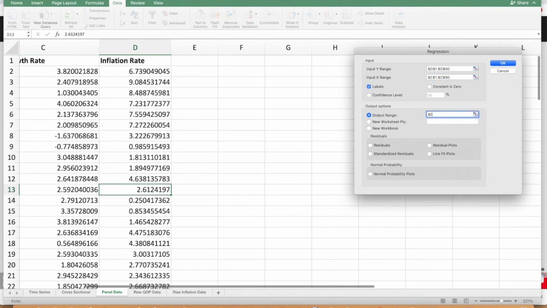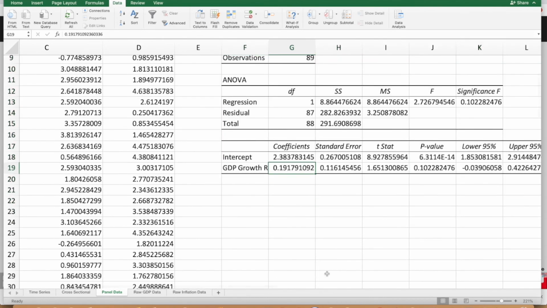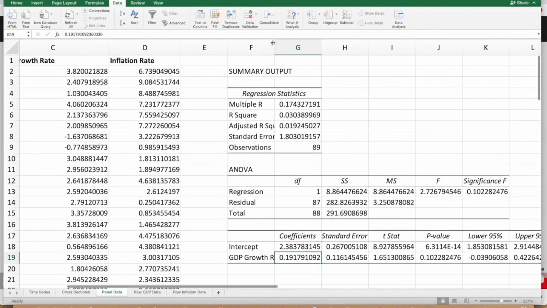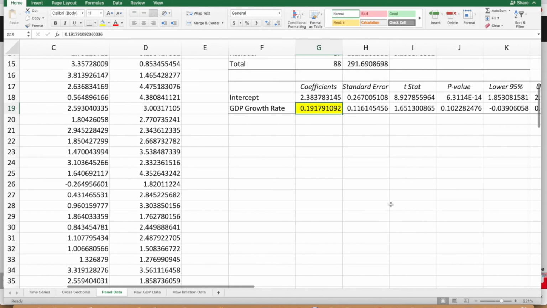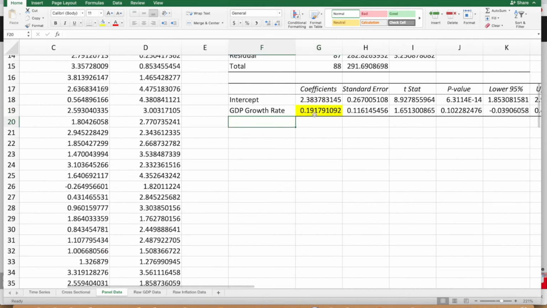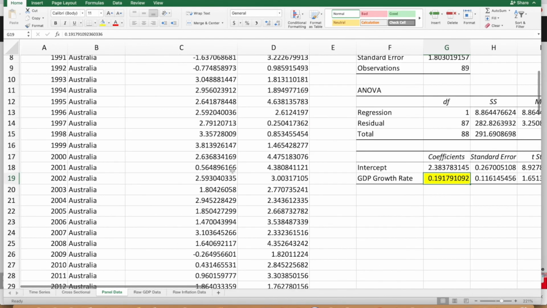Let's put this in F2. Okay. So now we got back our positive relationship. So now in this panel data set, on average, when GDP growth rate increases by 1%, inflation rate increases by 0.19%. So that's more similar to our first time series estimate, which makes sense.